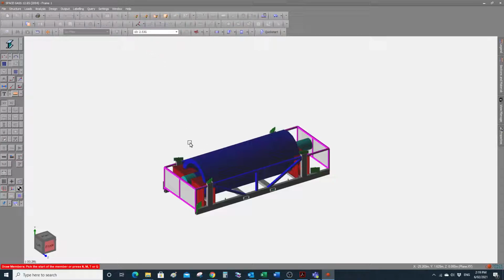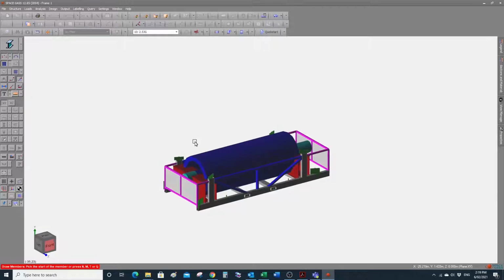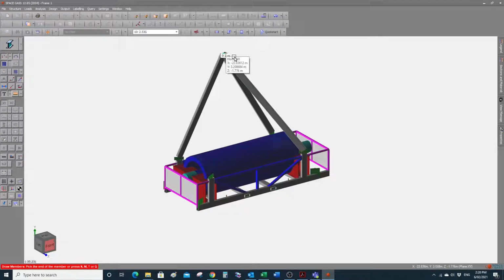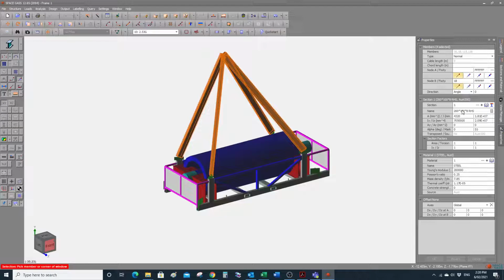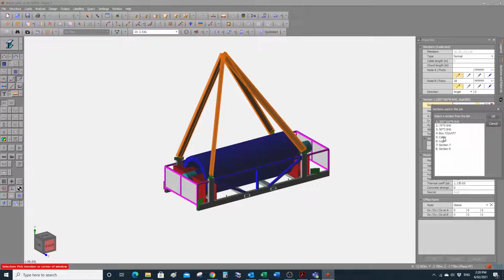So what I'm gonna do, I'm gonna add slings or add straight members to these lifting points, which are highlighted as green. As you can see, they're right now coming up with the default number one cross section, but I'm gonna change this cross section into something more suitable, which I've already created.